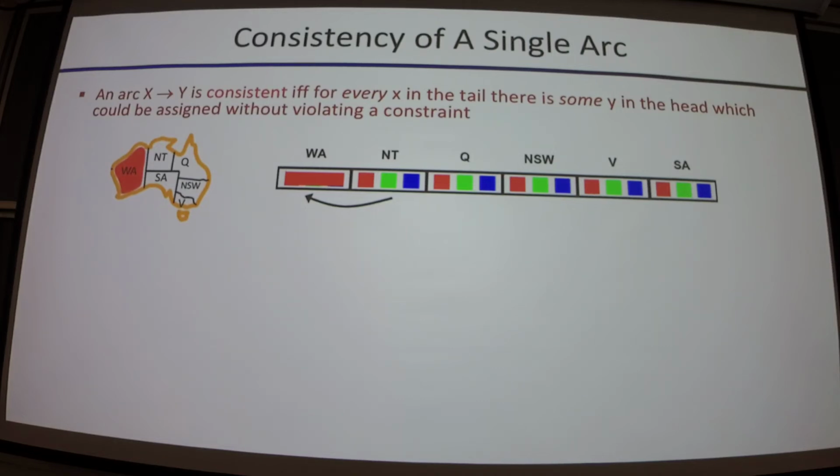Who wants to explain why not? Because there's no assignment you could make if you pick red. That's correct. If you pick red in the tail, then there's no assignment in the head that won't violate the constraint. But we can make this consistent. We could cross that out.